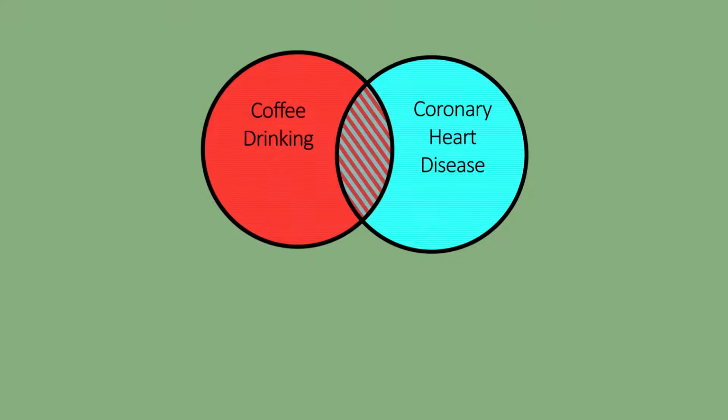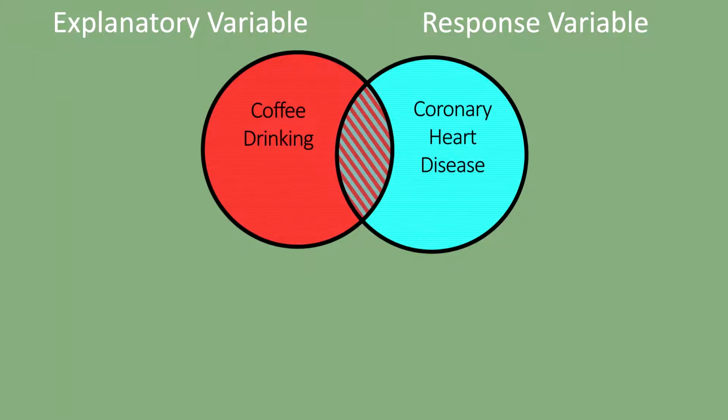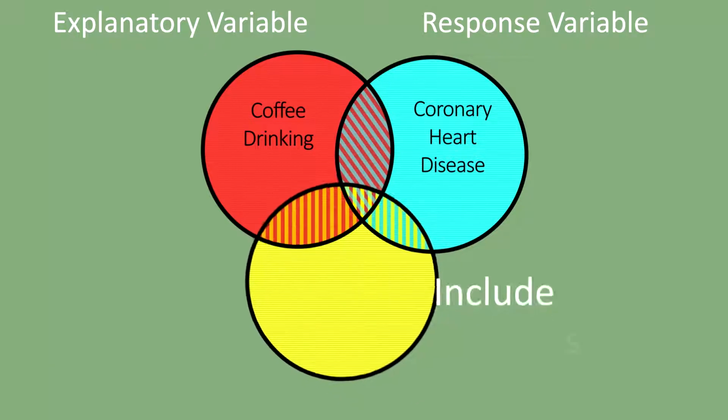Coronary heart disease is our response variable. Our explanatory variable is coffee drinking. Our basic question is, do we know something about the presence or absence of coronary heart disease by knowing the level of coffee drinking in our sample? But we may also know or believe that smoking is related to both coronary heart disease and coffee drinking.